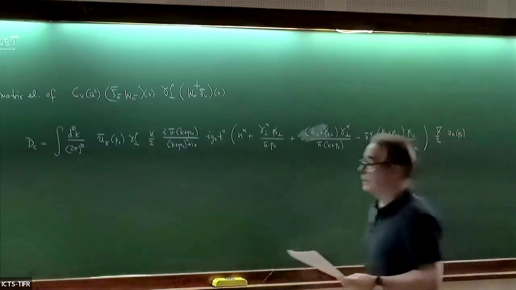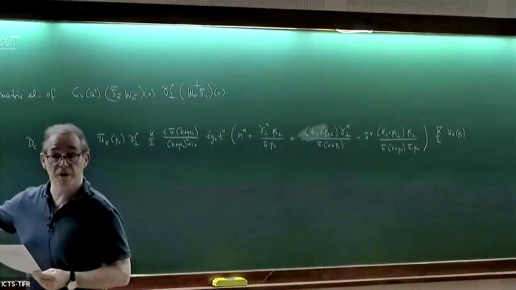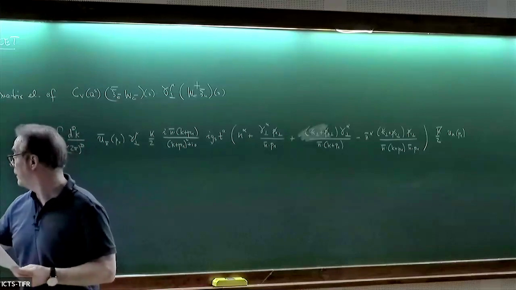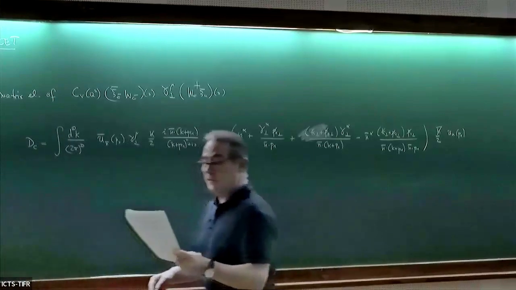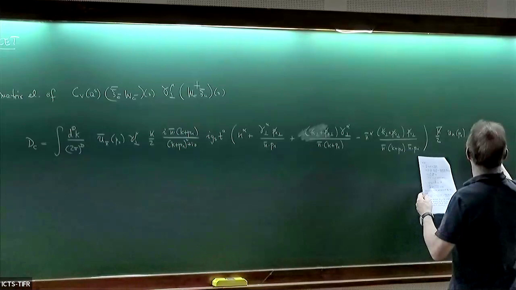Now I also need the Feynman rule for getting a gluon from the Wilson line. Yesterday we had that Feynman rule. The only difference is that yesterday the gluon was going into the Wilson line. Here it comes out. That gives a sign change, so that's why I get an extra minus sign here.